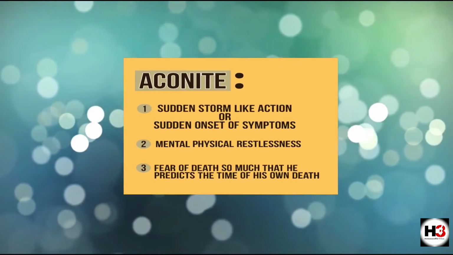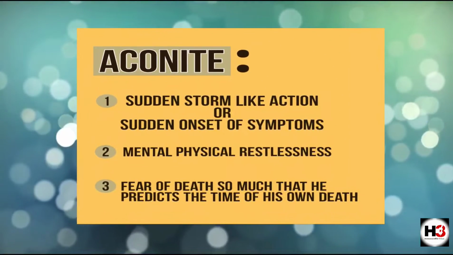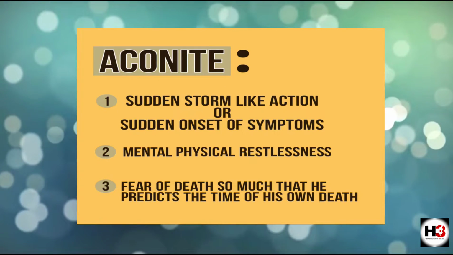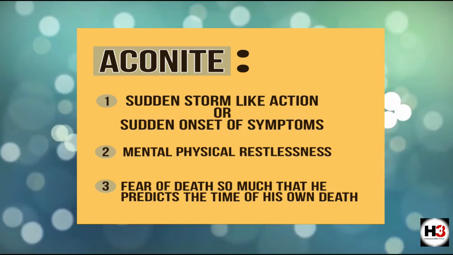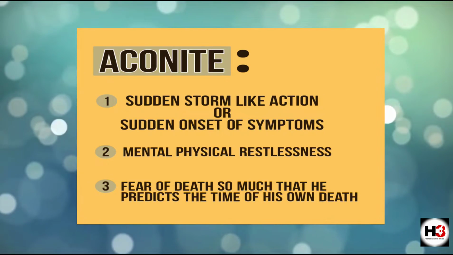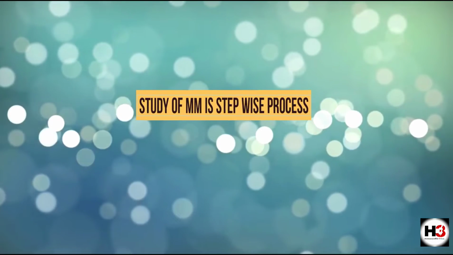For example, aconite is a remedy which is known for its sudden storm-like action or sudden onset of symptoms, mental and physical restlessness, fear of death so much that he predicts the time of his own death, etc. And these are the symptoms which we must remember.